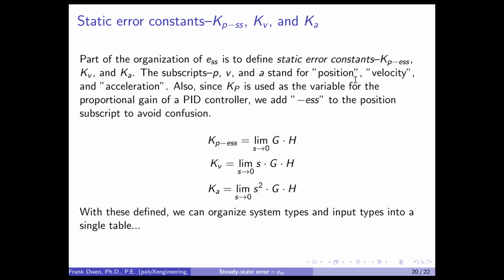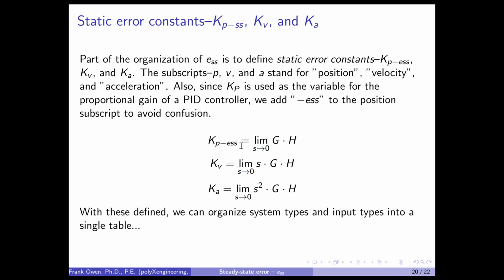So to prevent confusion, what I like to do is add on the K_P an ESS, to show that this is the position static error constant for determining steady state error, and is not the proportional gain of a PID controller. So these are the definitions for the static error constants.